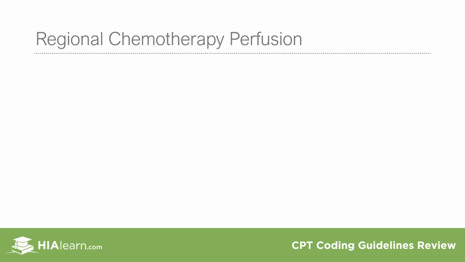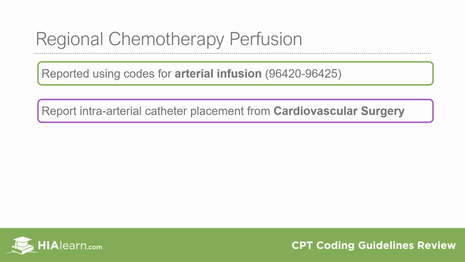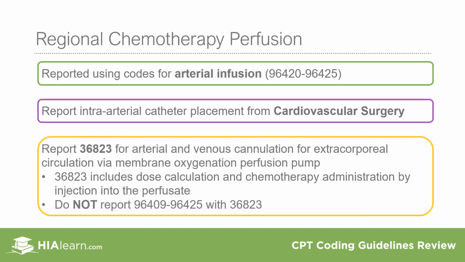Chemotherapy perfusion services are reported with codes for arterial infusion 96420 to 96425. Placement of an intra-arterial catheter to deliver this service is reported with a cardiovascular surgery code. Arterial and venous cannulation to facilitate extracorporeal circulation via membrane oxygenation perfusion pump is reportable with 36823.